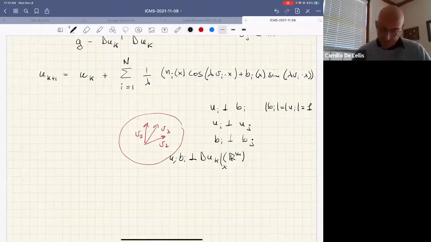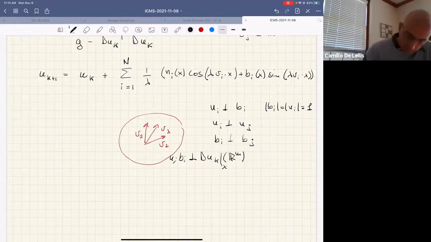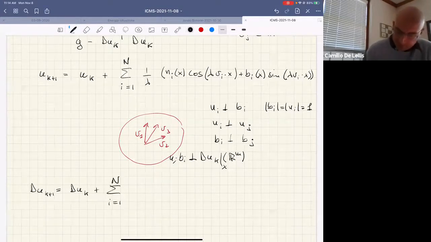Okay, so now I'm going to make exactly the same computation, and when I make the same computation, I get Duk plus 1 is equal to Duk, and then I have the sum for i equal 1 to n, and the first part, I just get the following thing. So I get minus n.